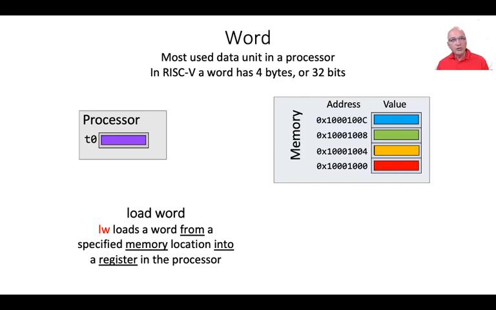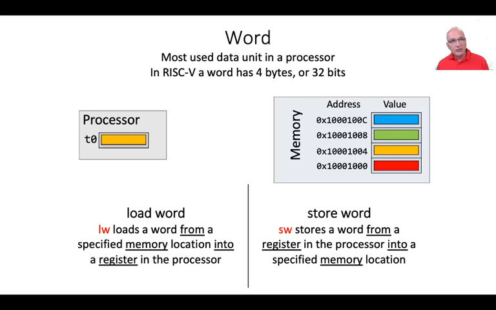It's load word because it's going to bring a word, which is 32 bits, from the memory and put it into a register in the processor. So it's loading from a specified memory location into a specified register in the processor. So that will be the action that is going to happen. A given value in a specified location will come from the memory to the processor.